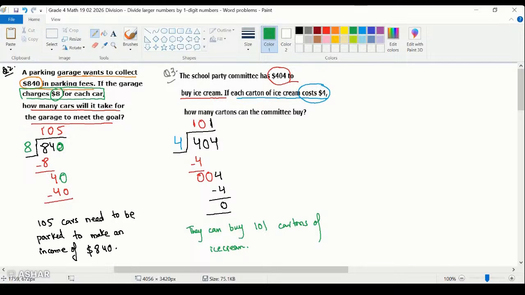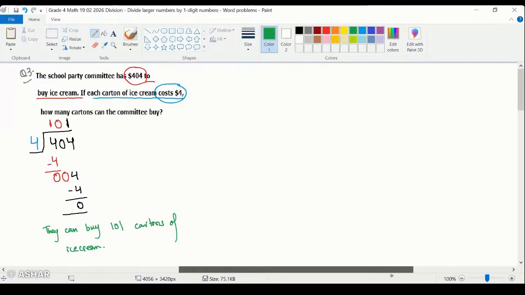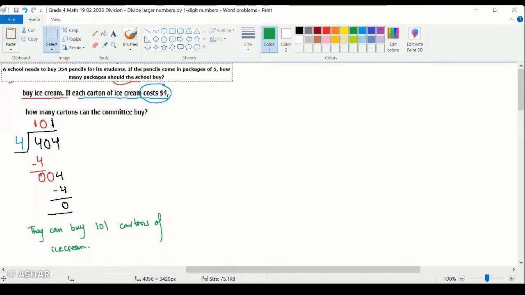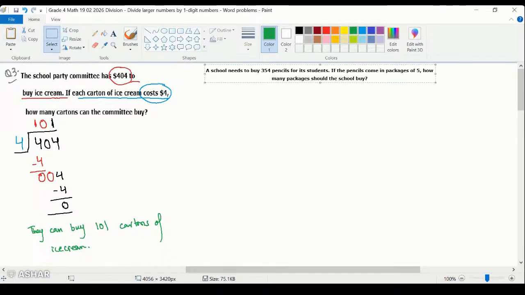Okay, let's have a look at another example. A school needs to buy 354 pencils for its students.